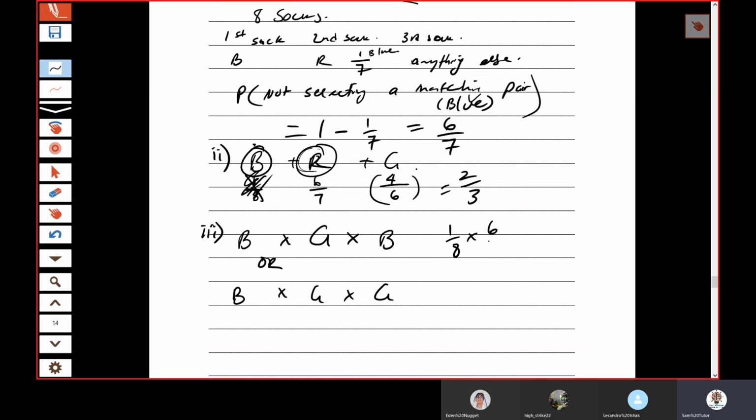Green is 6 out of 7 times, because it doesn't matter which one it is, times the blue that we've got, that we definitely need, out of 6, plus 1 out of 8 times 6 out of 7 times, there's still 1 out of 6. 1 green left out of 6 socks left. And then you're just adding it up.